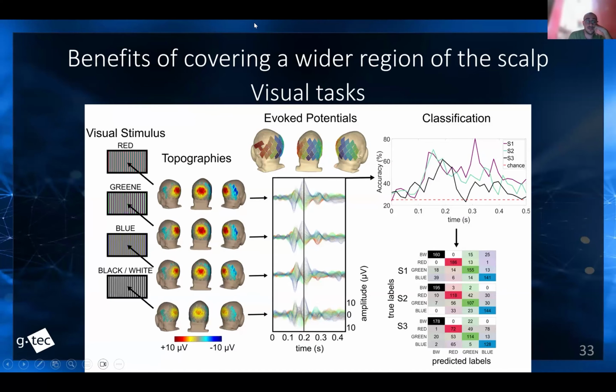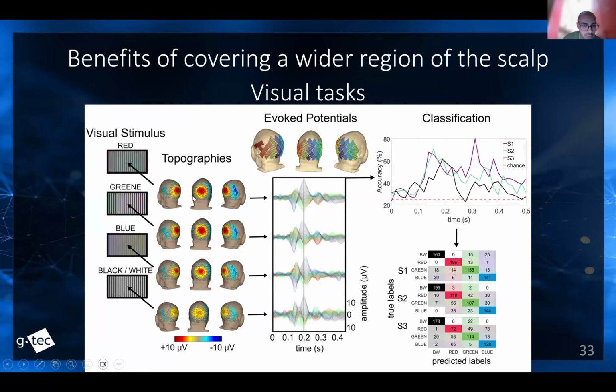In this case, it is a visual feature task, and I was comparing the stimulus based on colors. We can see we have some bands colored in different ways, from red to green, blue, and black and white. And we can see in topographies for a very complete montage, the visual region, the occipital region that was focusing on the task.